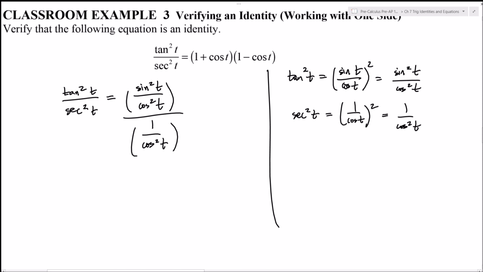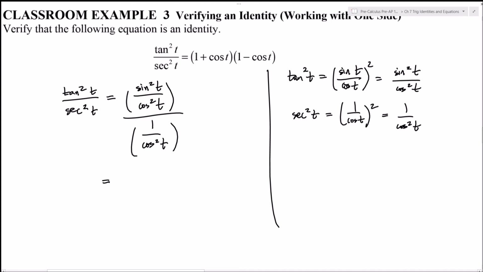So that's just the first step. Rewriting everything in terms of sines and cosines is one of the go-to strategies. A lot of the times it's like a backup strategy if you can't see anything directly. So we have sine squared t over cosine squared t divided by another fraction, 1 over cosine squared t. So what we'll do is treat this as a multiplication problem.